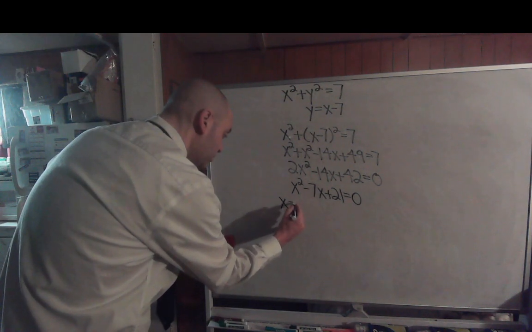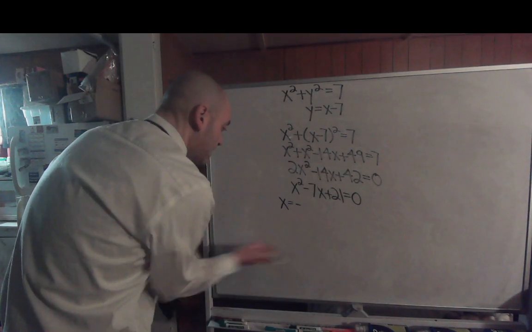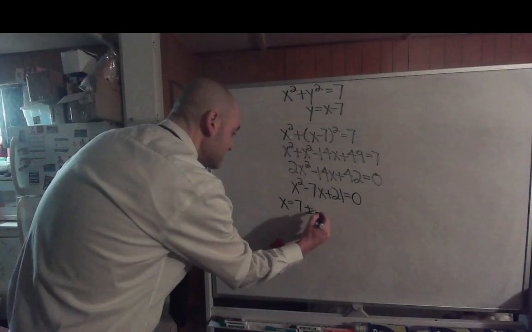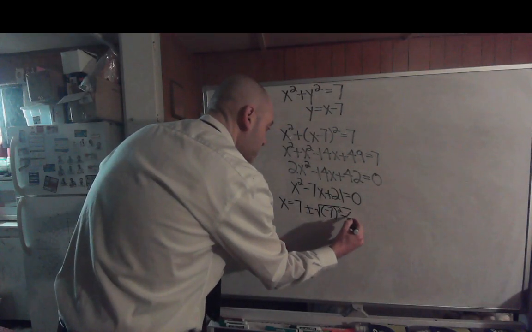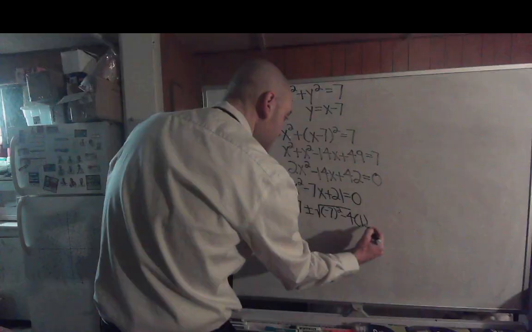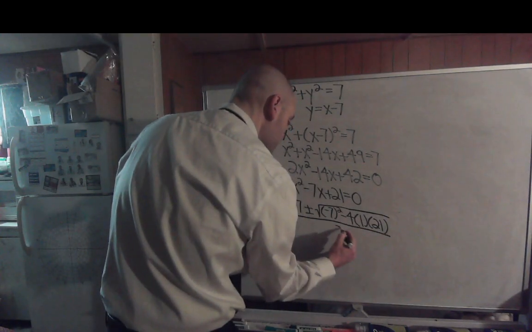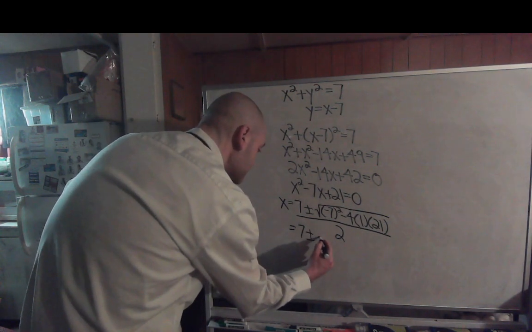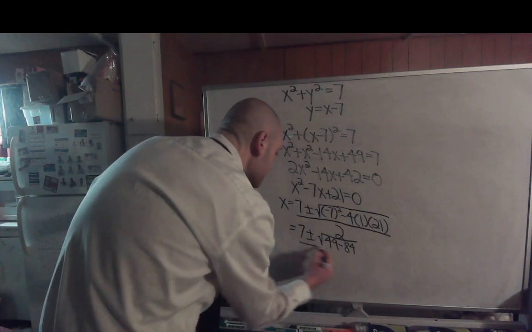So x equals the negative of b, which would actually be positive 7, plus and minus the square root of negative 7 squared minus 4 times 1 times positive 21, all over 2, which would give you 7 plus and minus the square root of 49 minus 84 over 2.